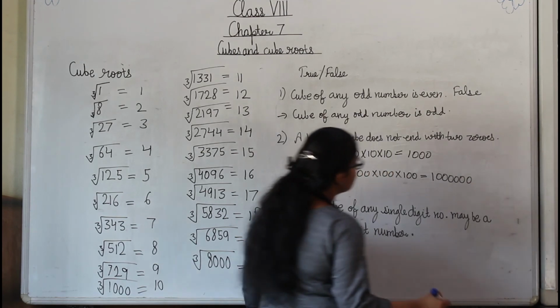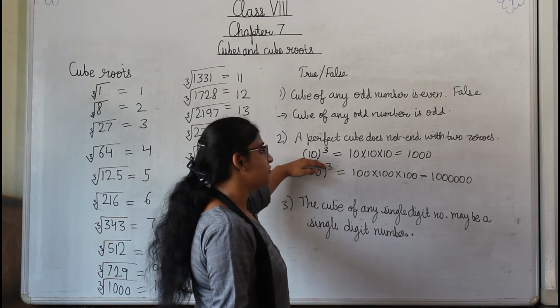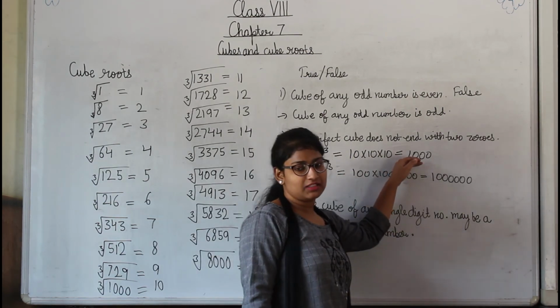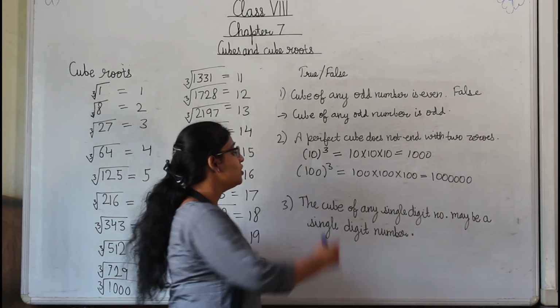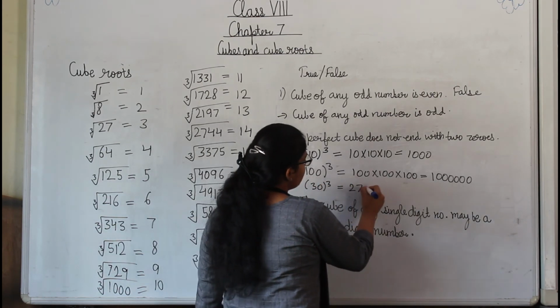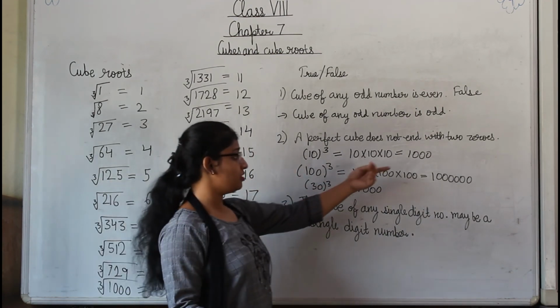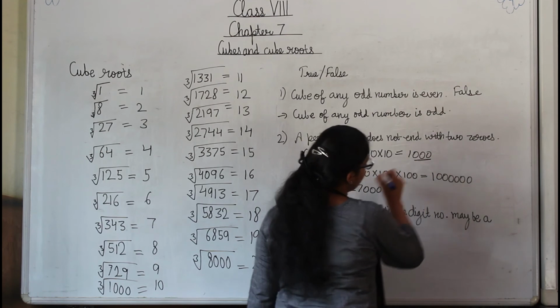If you find the cube of 20, then you will get 8,000. If you find the cube of 30, then you will get 27 and 3 zeros. Means while you are finding the cube, your answer is ending with 3 zeros.